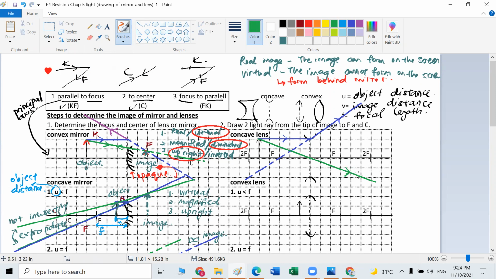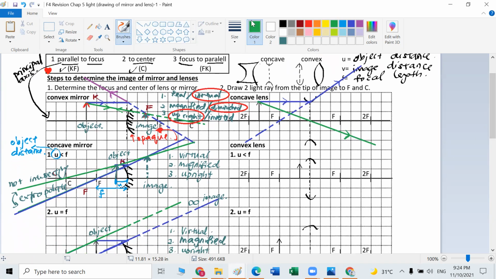Can you see that? So where is the image? Of course, here. And you can see they are in the same direction. So we say this is upright.